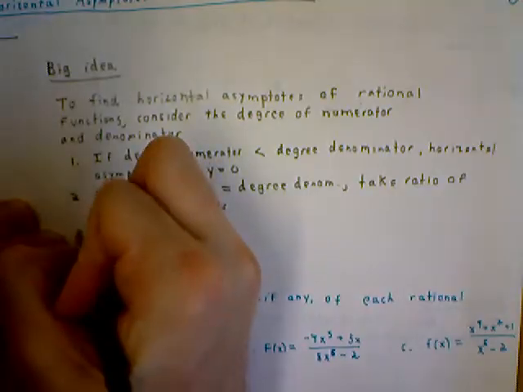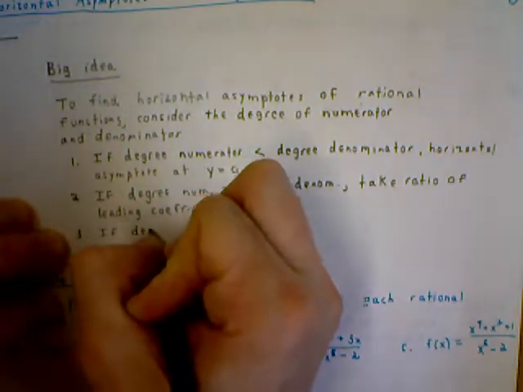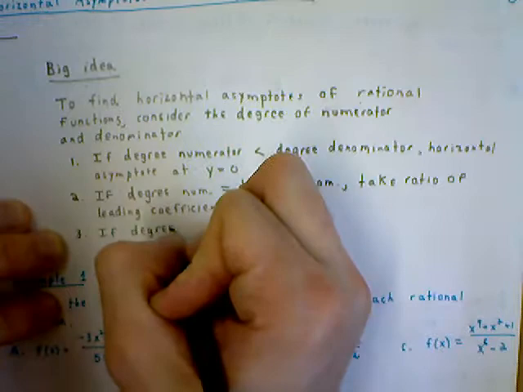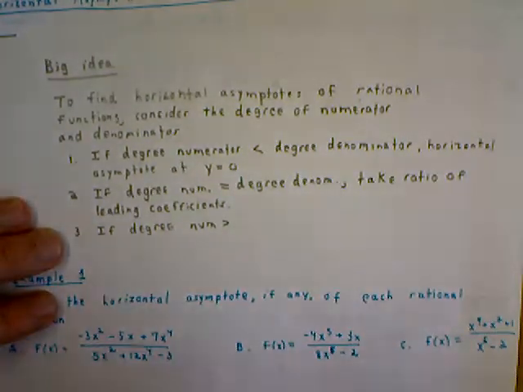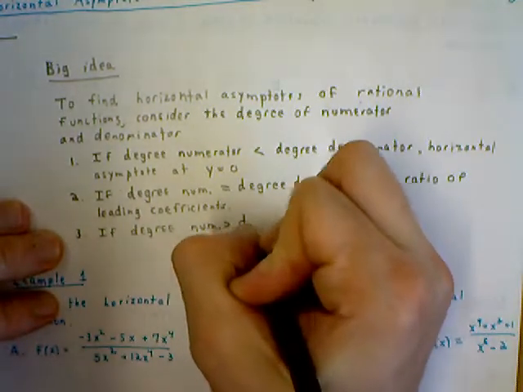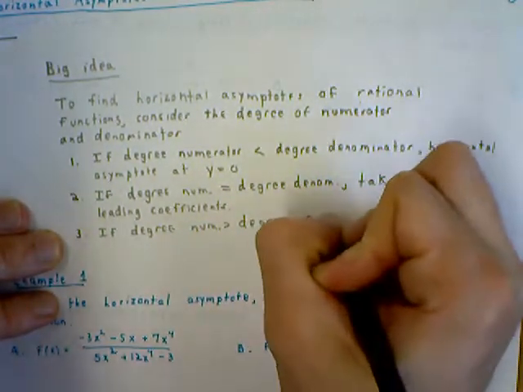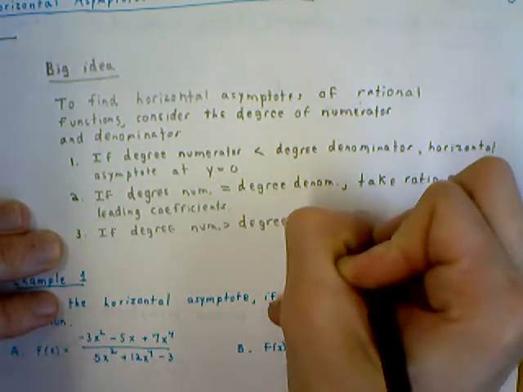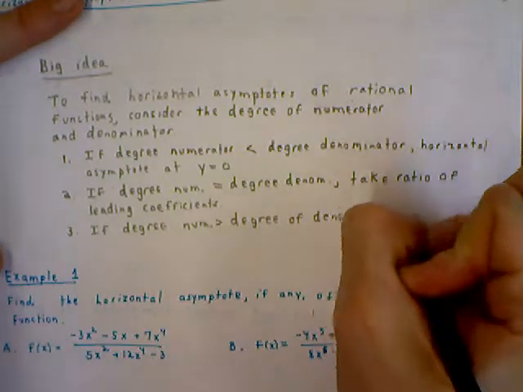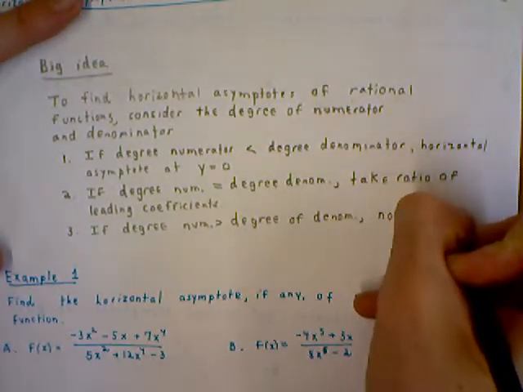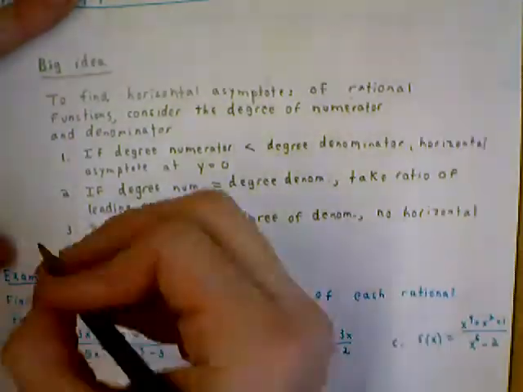And then for 3, if the degree of the numerator is greater than the degree of the denominator, there's no horizontal asymptote.